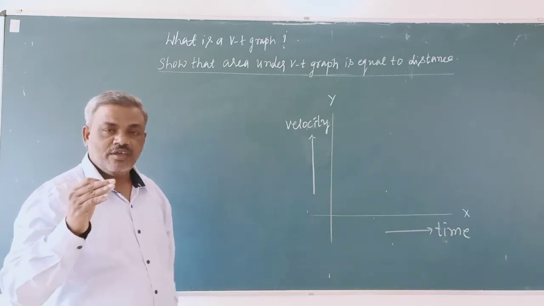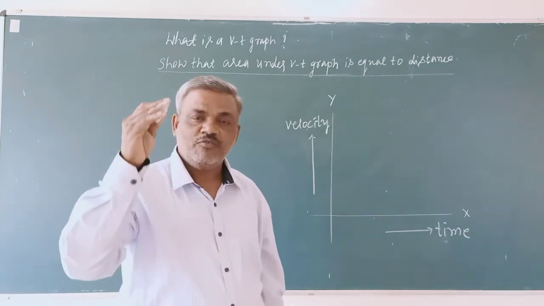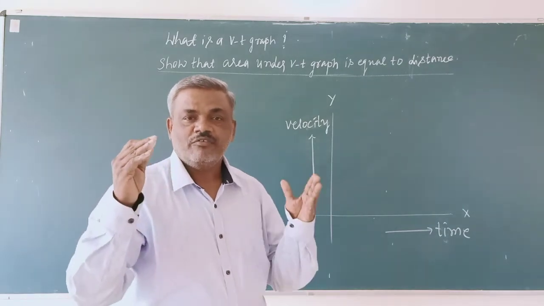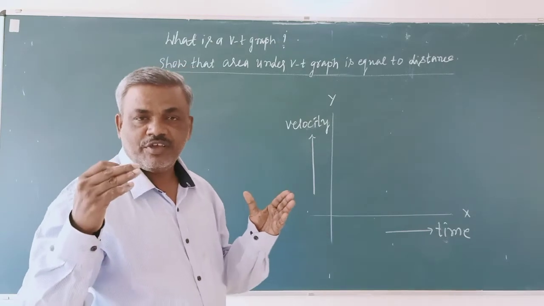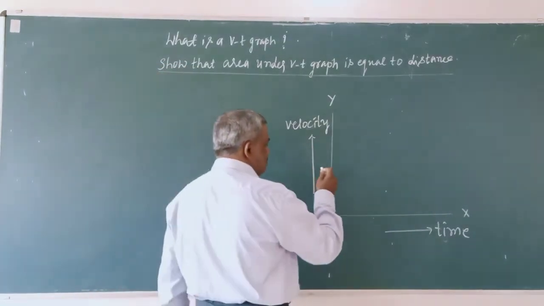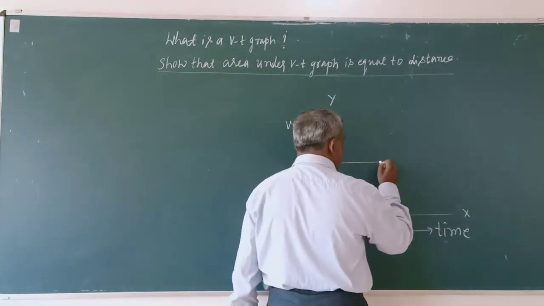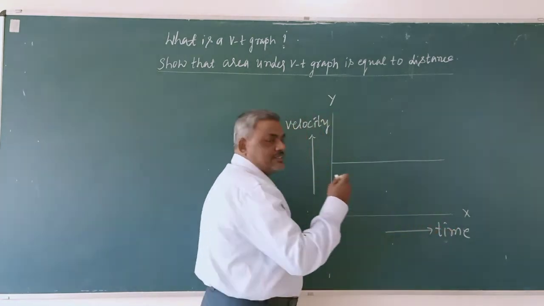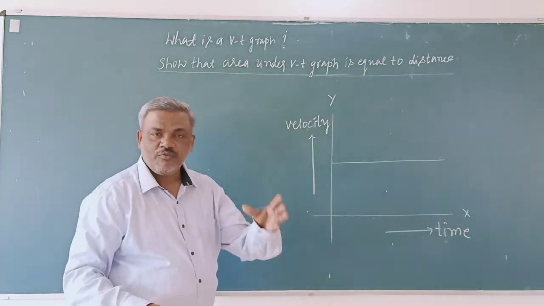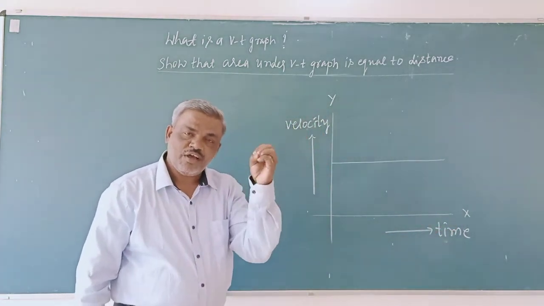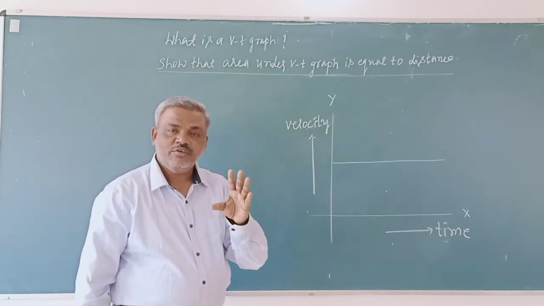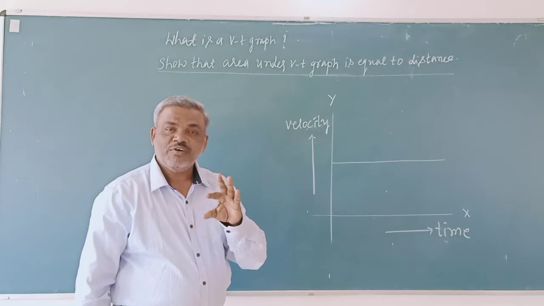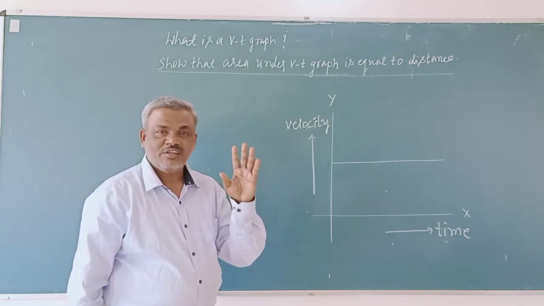For uniform velocity, every 2 minutes or every 5 minutes the vehicle maintains the same speed, then you get the nature of the graph. So this graph is a straight line parallel to the x-axis.